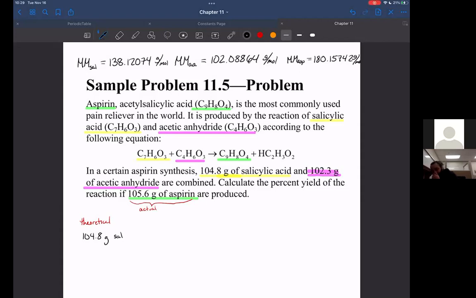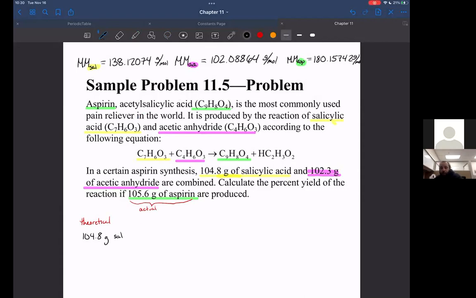Okay, so those are my three compounds. The salicylic acid I'm calling SAL, the acetic anhydride I'm calling AA, and the aspirin is ASP. Okay, so now I've got to go from grams to moles.